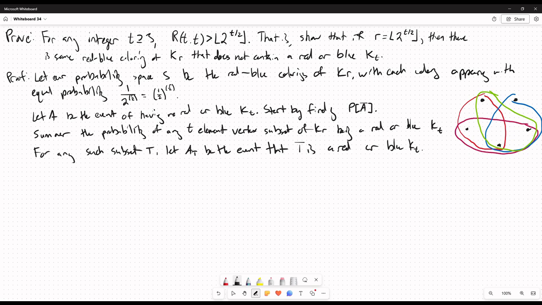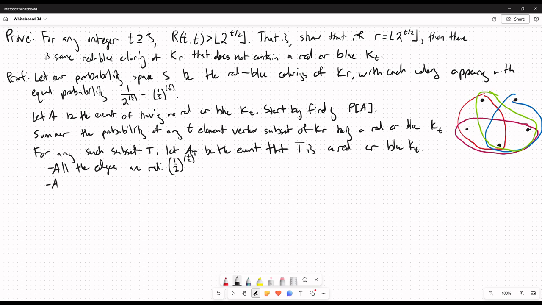Well, each edge is colored independently, and each one has a 50-50 chance of being one color. We could ask, what's the chance that all the edges are red? That's going to be 1/2, the chance that any individual edge is red, to the power of t choose 2, the number of edges between those t vertices.